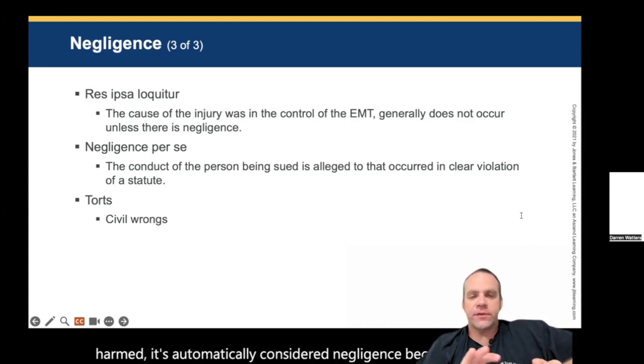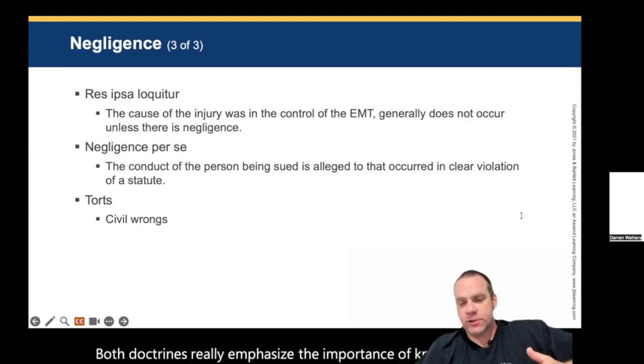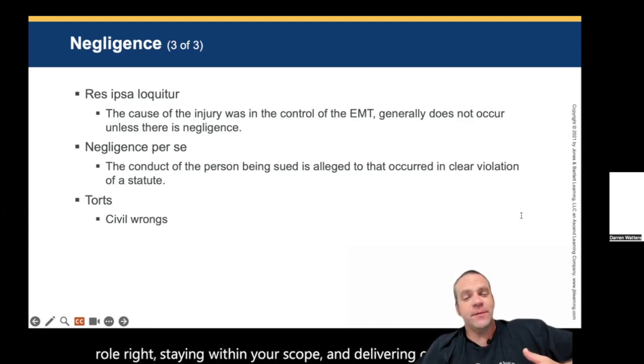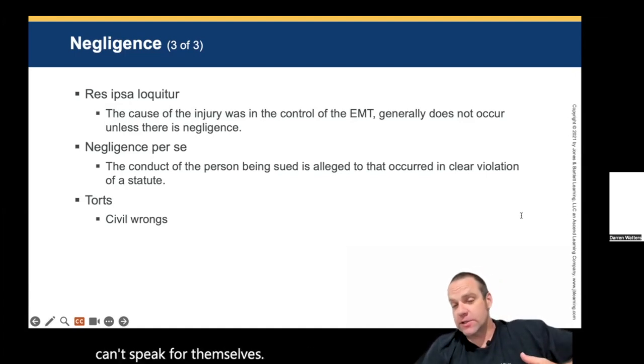Both doctrines really emphasize the importance of knowing your role, right? Staying within your scope and delivering care that is consistent with standards and protocols. So even when the patient can't speak for themselves, the evidence of what occurred under your care can speak volumes.